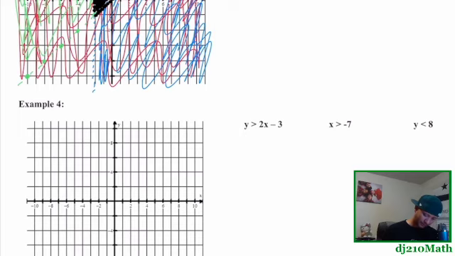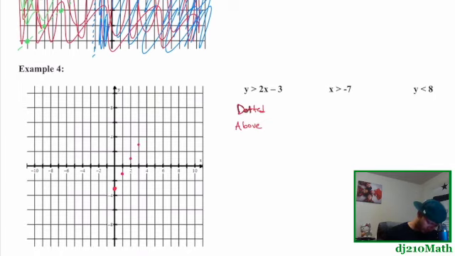Y greater than. So this is going to be a dotted line. We're going to shade above. Okay, so this is going to be y-intercept at -3, up 2 over 1, up 2 over 1, and it's dotted.